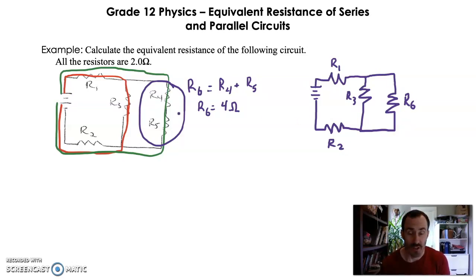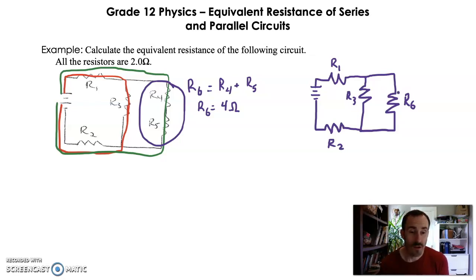They are equivalent though, okay? So now I have the same two paths. My green path includes R1, R6, and R2, and my red path includes R1, R3, and R2.